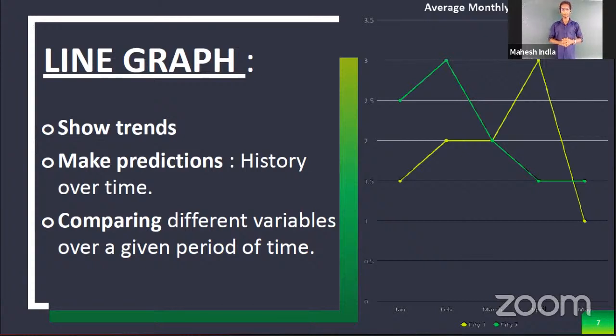Oh, just wait. In the previous section, I said that it is better to use the bar graphs when there are changes in the data over a period of time. But now I'm saying that it is better to use the line graphs when there are changes over a period of time in the data.